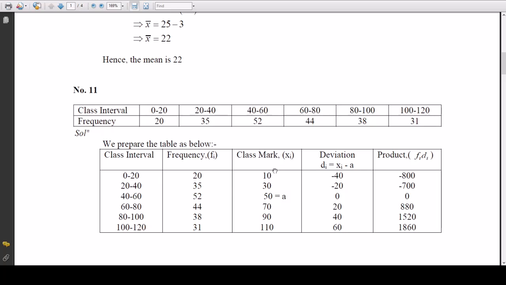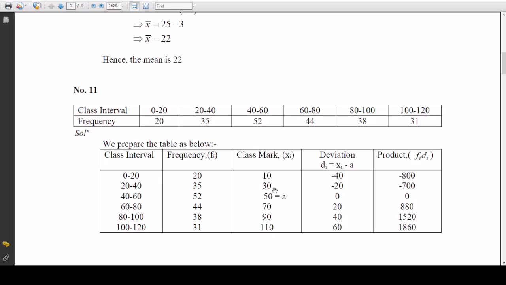Now out of the class marks that we have got, we will choose any one value to be the assumed mean: 10, 30, 50, 70, 90, 110. You can take any value from here. You can assume 50 or you can assume 70.